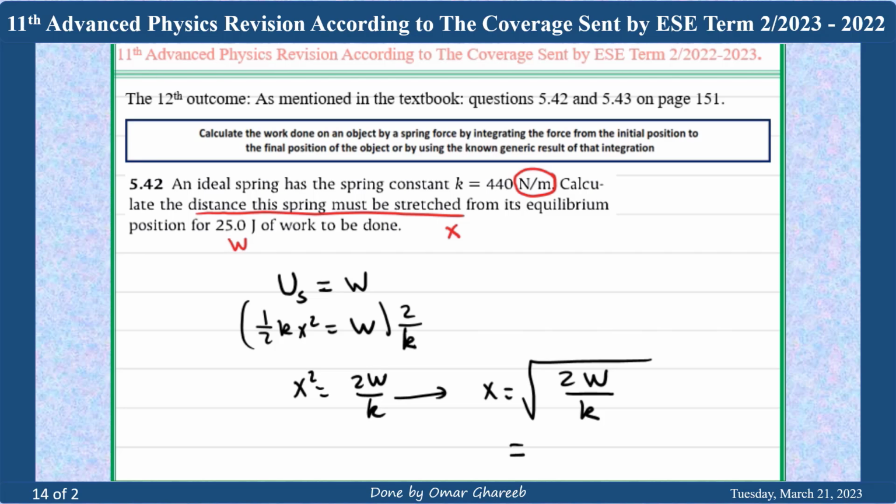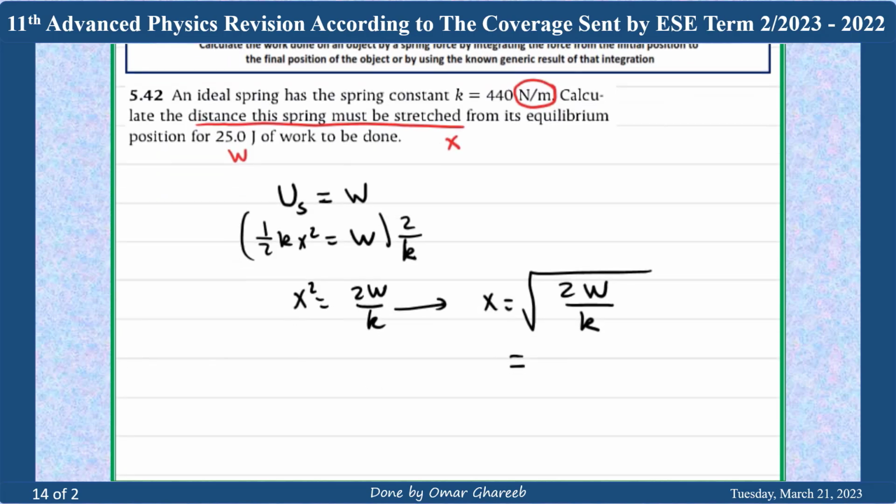The only thing you need now is to substitute: square root of 2 times the work done, 25, over k. k is 4410 Newton per meter, and the answer would be almost 0.337.